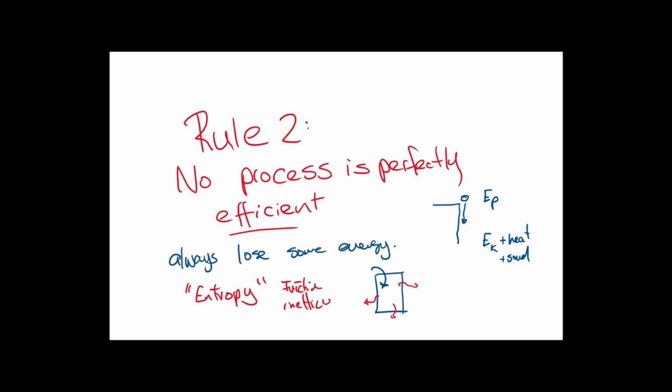We cannot avoid entropy. It's a big thing later on if you decide to continue doing physics. But just for now, note that it is something which pops up again and again in exams.